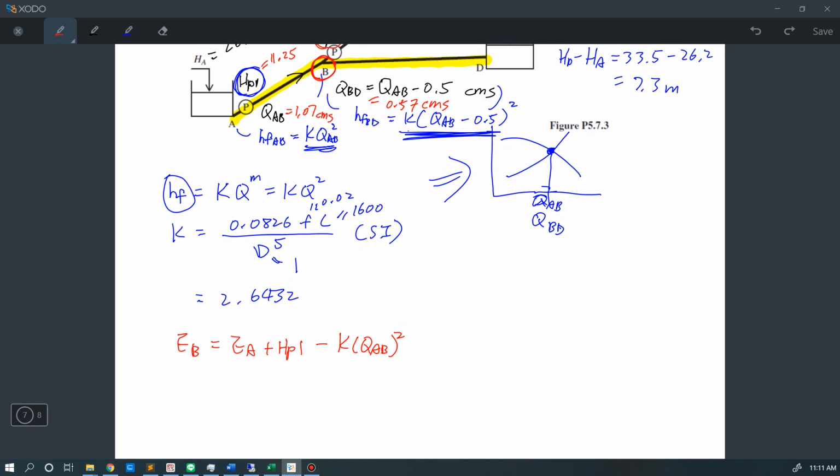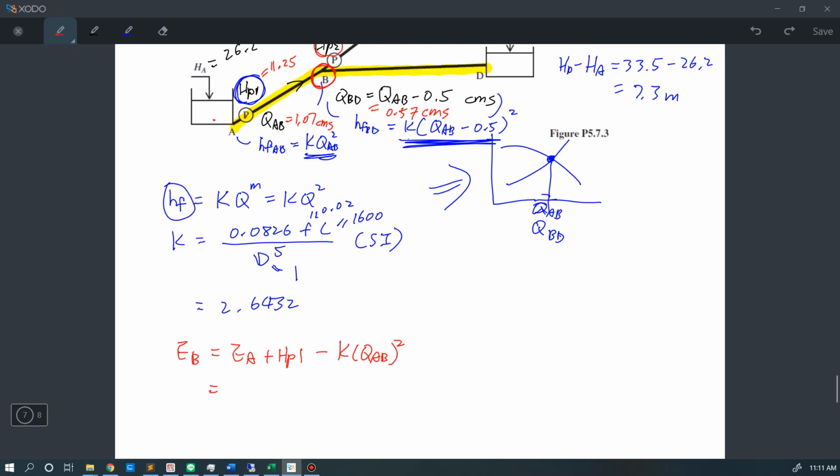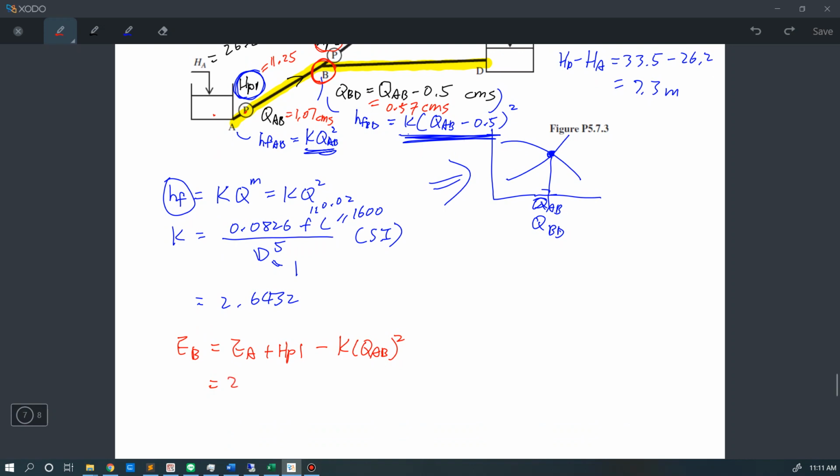Okay, are you accepting with that? You plus the energy here and you plus the energy provided by the pump, but you also have the friction losses in this section AB, so you need to minus that. And we just plug in the numbers. The energy at the reservoir A is simply equal to this HA. That means this will equal to 26.2.